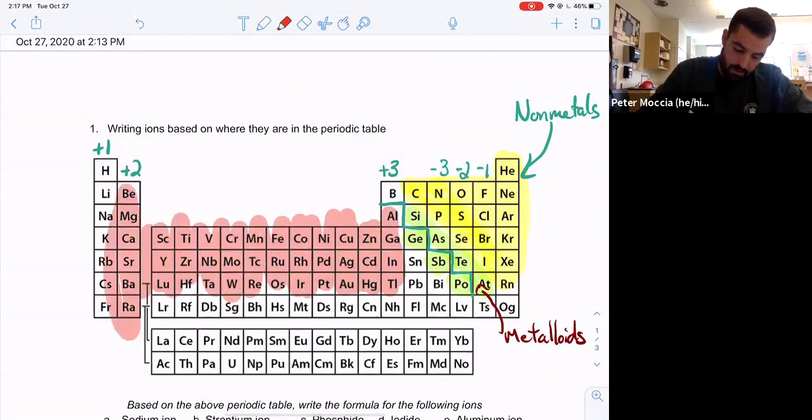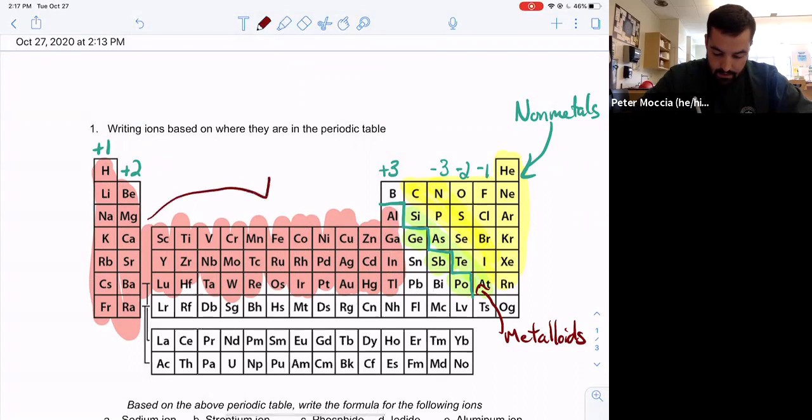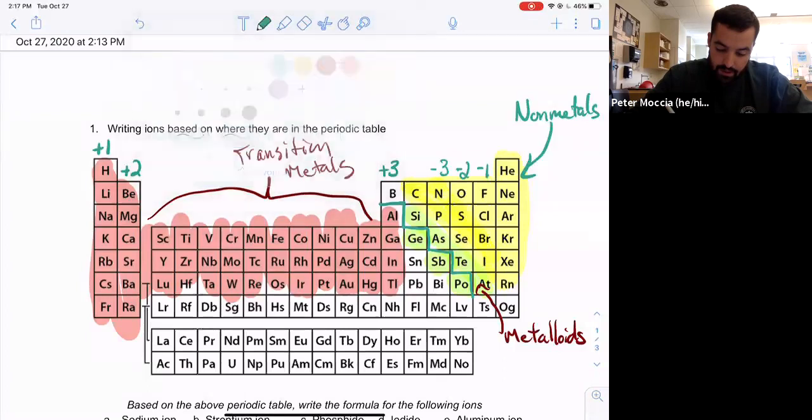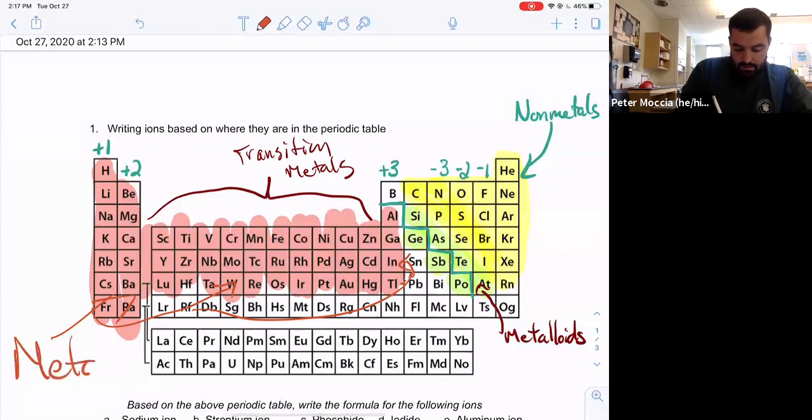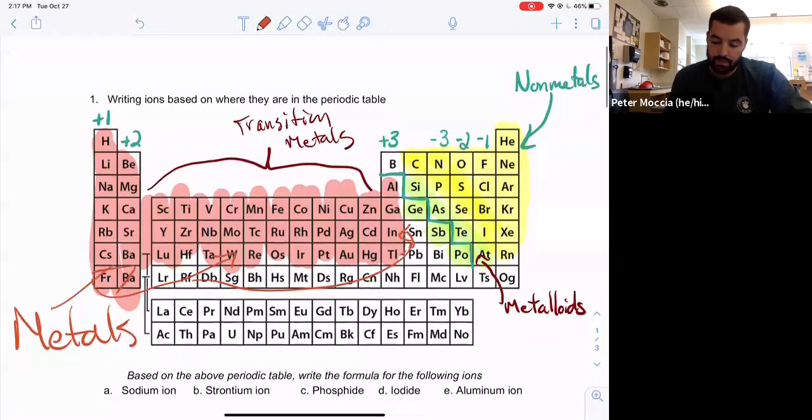And then specifically, these guys right here are called the transition metals. Everything in red, those are all metals.